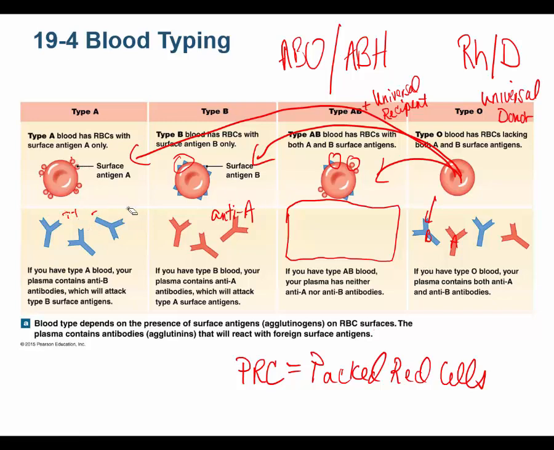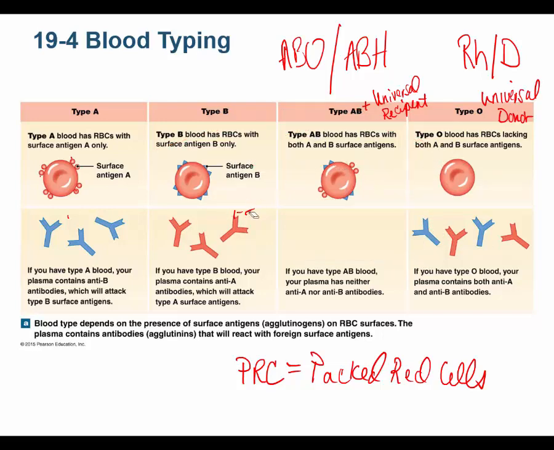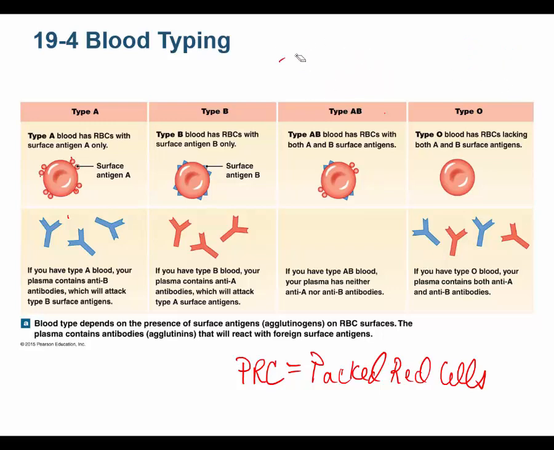Now, not only do we have these ABO antigens on the red blood cells, but we also may or may not have D antigens on the red blood cells. And as it turns out, if you have these D antigens sticking off the red blood cell, then you are said to be Rh positive.